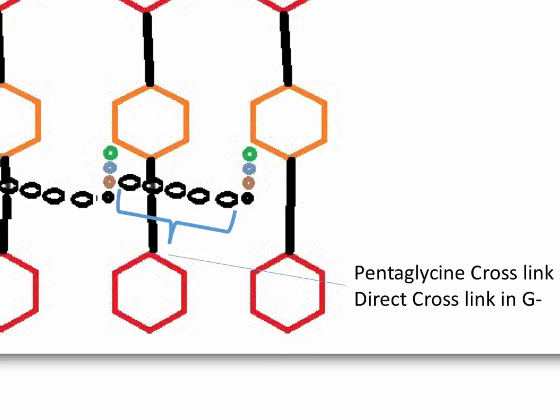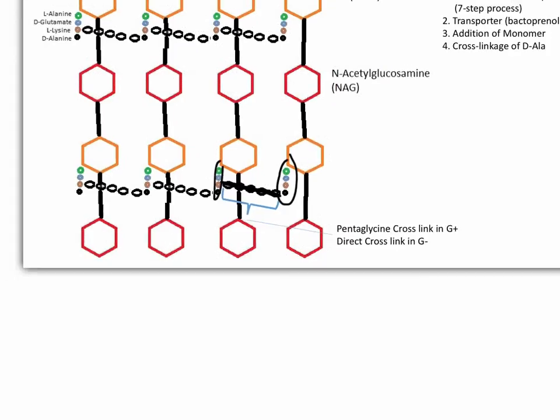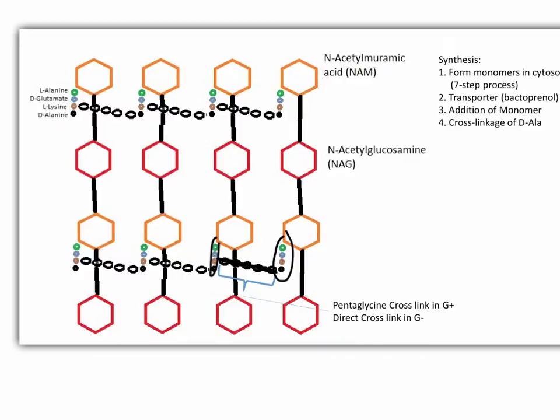In gram-negatives, instead of using a pentaglycine chain to connect this peptide chain to this peptide chain, they do a direct linkage instead of using a glycine chain. So without those cross connectivities, then you don't get the cell wall.